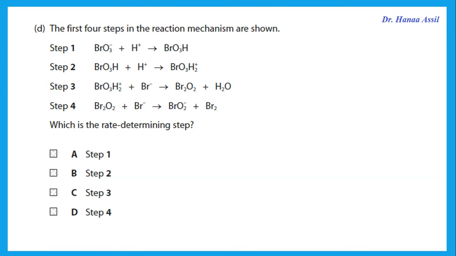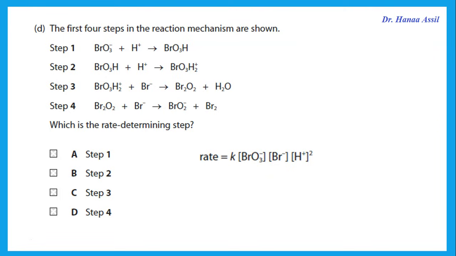The first 4 steps in the reaction mechanism are shown, which is the rate determining step? Remember, the rate determining step is the one that includes everything in the rate equation, or it should be included above. So the rate determining step or above it should include everything that is mentioned in the rate.